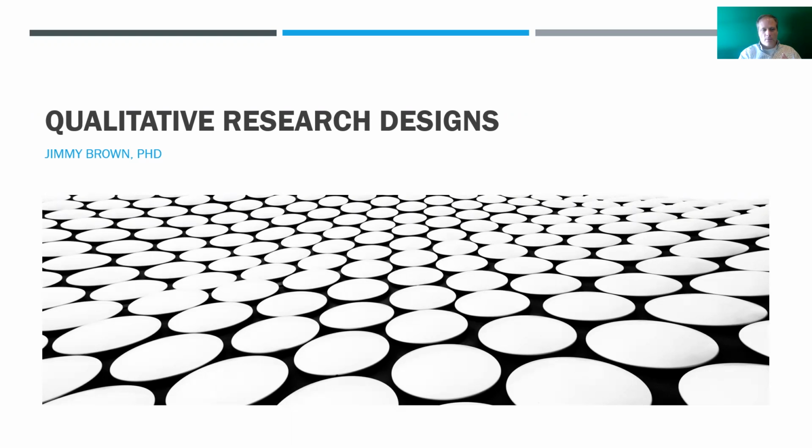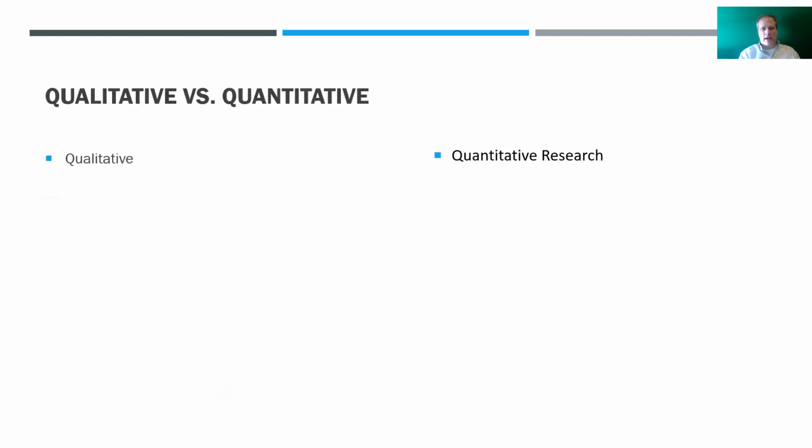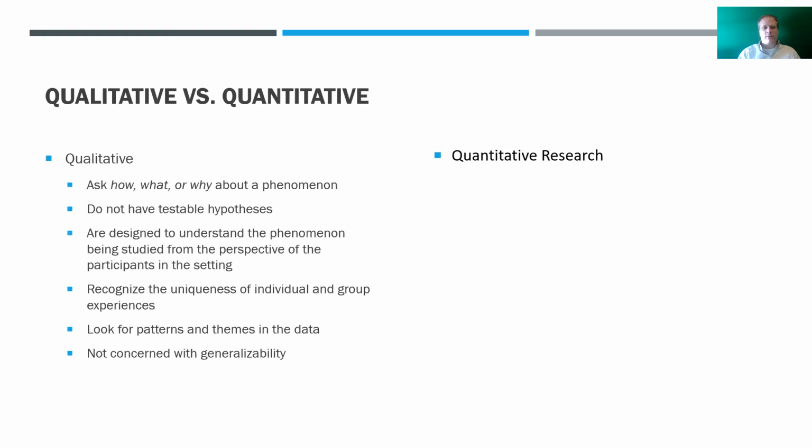So before we get into qualitative research designs, we have to first think real quick about the difference between qualitative versus quantitative. I'll make another video later to get more depth on this, but to frame the difference between the two, in qualitative research, we're talking about how, what, or why. We're not worried about testable hypotheses. We are not trying to see if something's happening more than by chance alone.